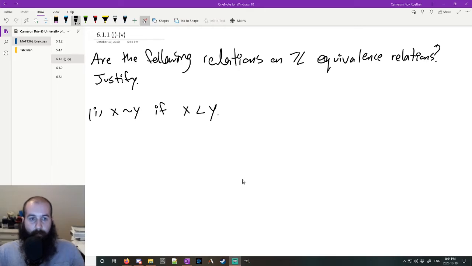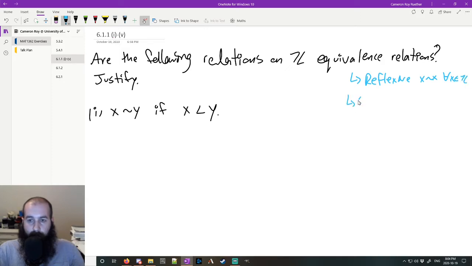Moving into section 6.1, we'll now be discussing equivalence relations. Exercise 6.1.1 gives us a bunch of different relations defined on the integers and asks us if they are equivalence relations. So to be an equivalence relation, it needs to be reflexive. So x is related to itself for all elements. So this is x is related to x for all integers.